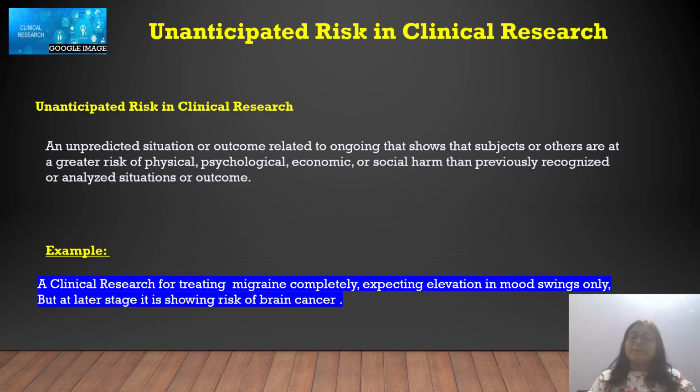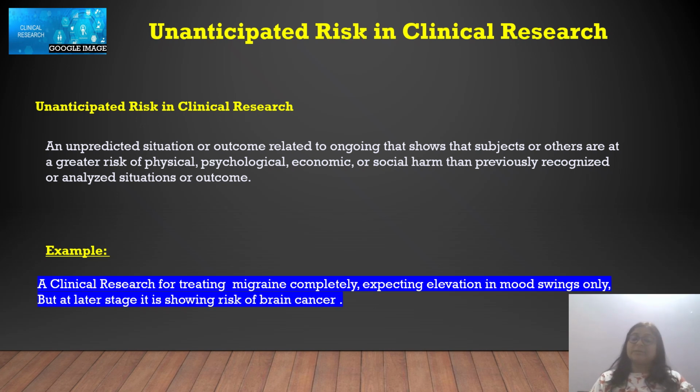So when human participants are involved, obviously there is a risk of any type of physical problem, any type of psychological problem. So was that problem predicted earlier when the research was started, that because of this drug or this medical device, this problem can happen? So was it expected or was it not expected?